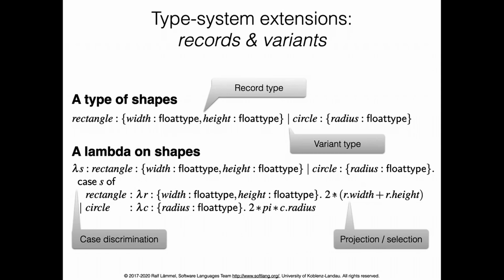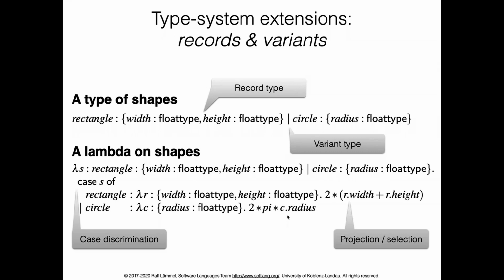And as you see, eventually we just end up performing projection, or sometimes we call it selection, on this record here to access width and height. So we compute the circumference of a rectangle or a circle here. Okay? So this shows us all the expressiveness that we have with records and variants.